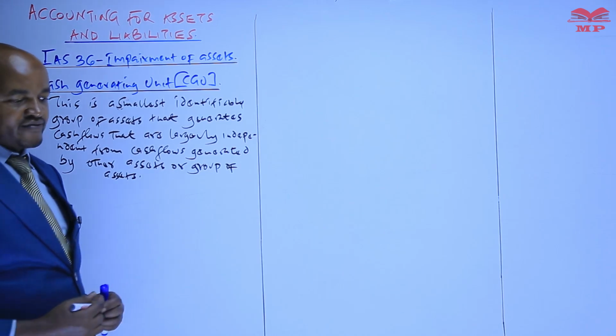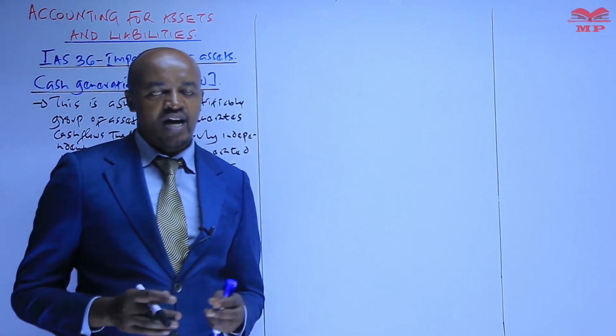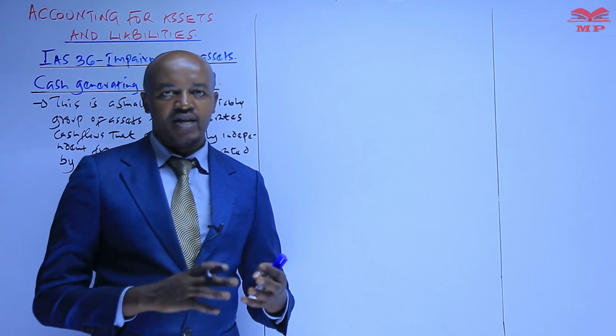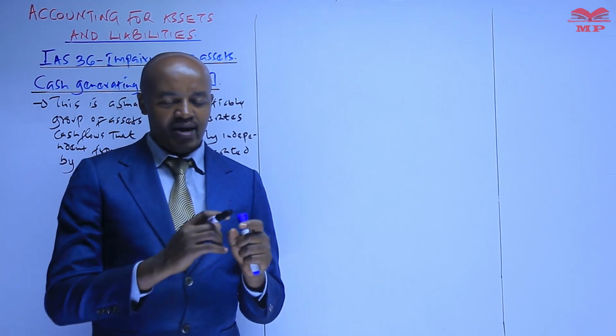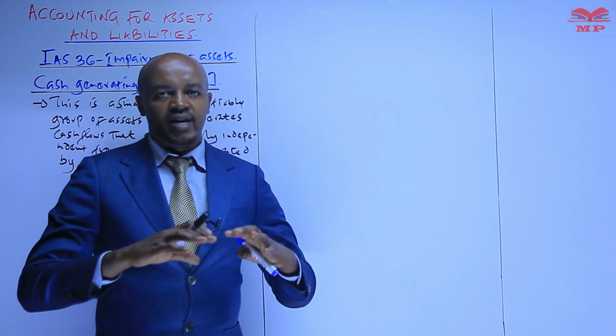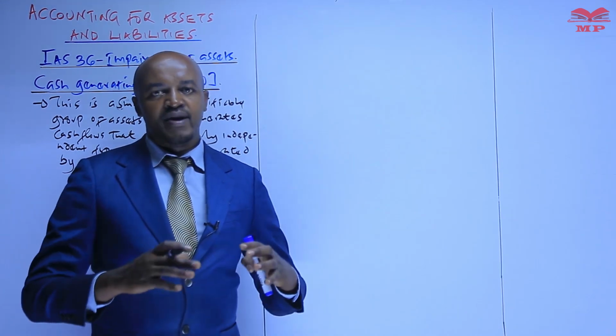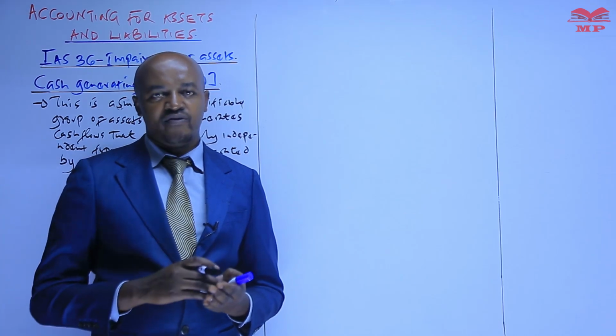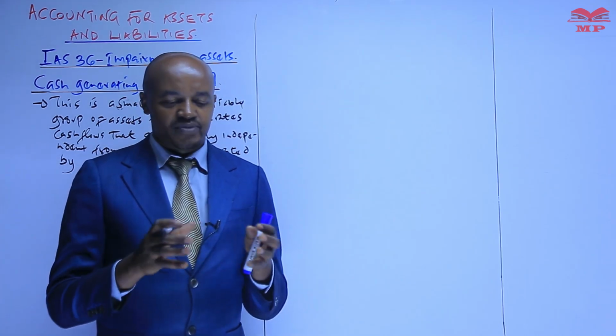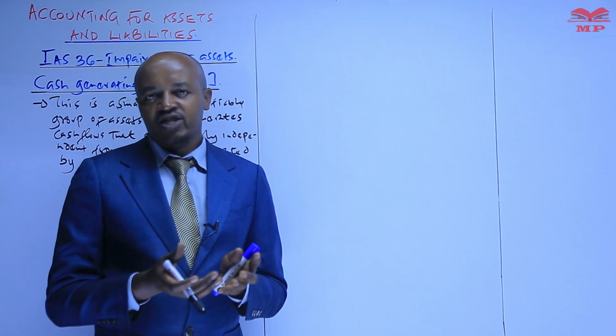Now, when it comes to determining the impairment loss of this particular cash generating unit, we determine the impairment loss of the cash generating unit, not the impairment loss of individual assets within such a group of assets, simply because they generate cash flow as a group.